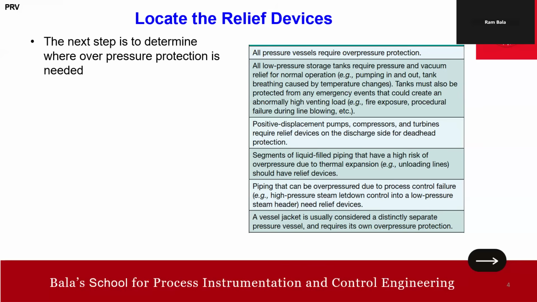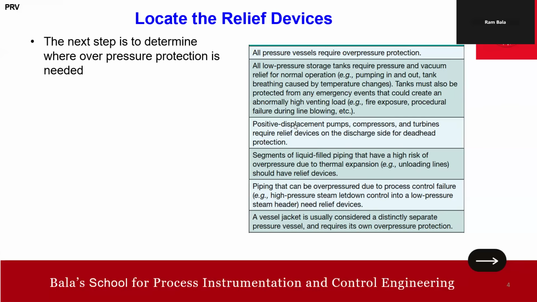Tanks must also be protected from any emergency event that could create an abnormally high venting load, for example fire exposure or procedural failure during line blowing. These are some of the scenarios wherein pressure relief devices need to be considered.